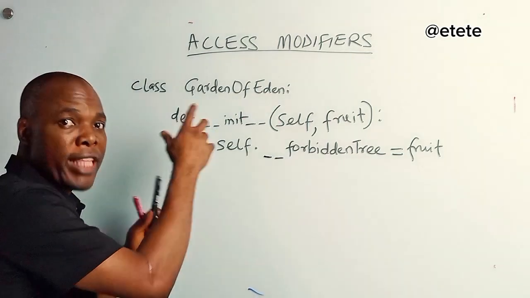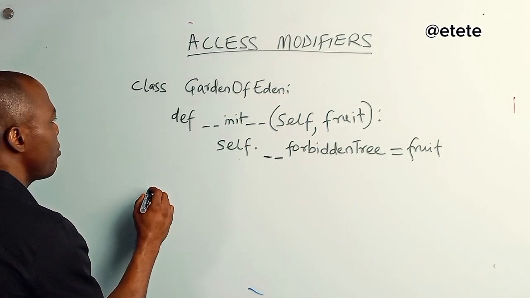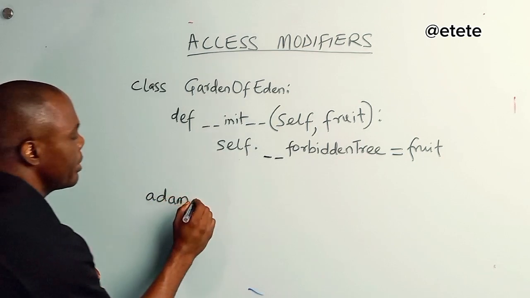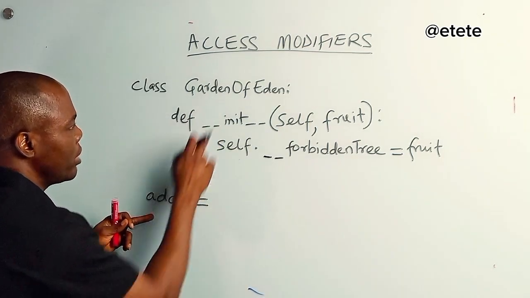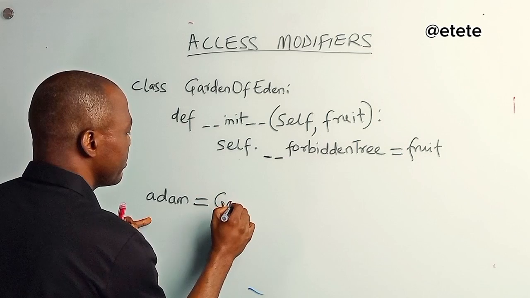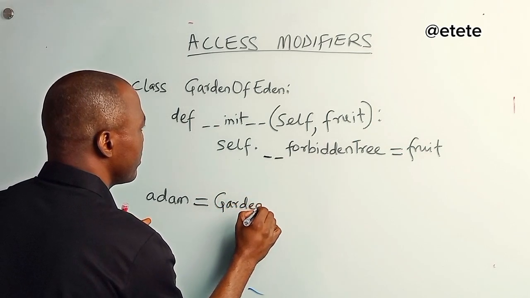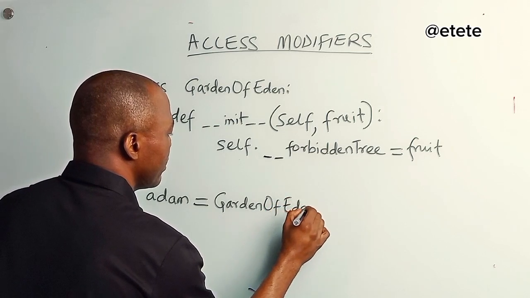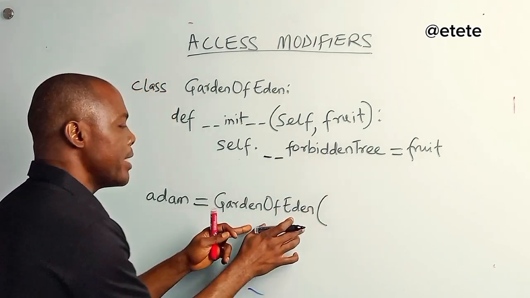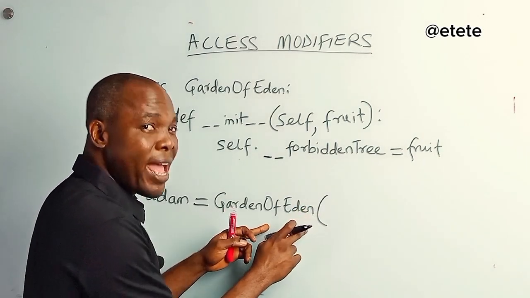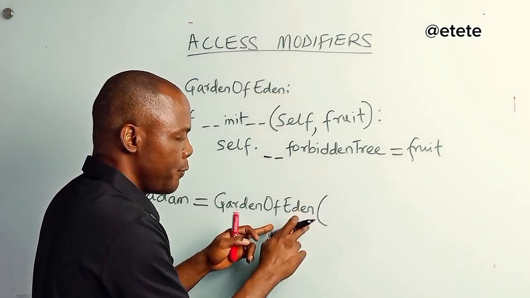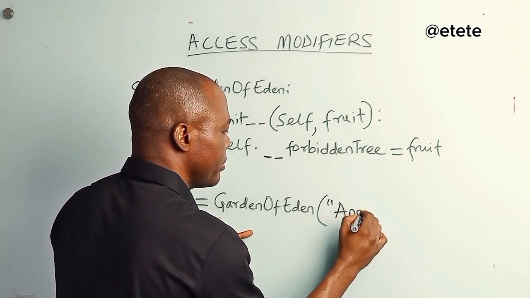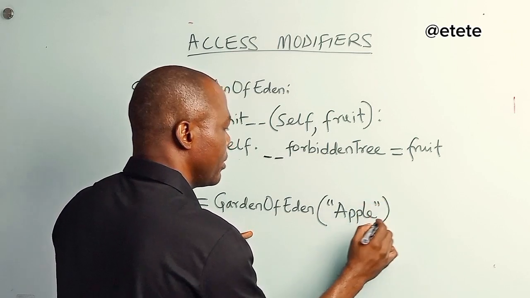Okay. Now we've created the class. Then I'm going to instantiate this class by saying Adam, right? Adam. Then I'm going to create an object of this Garden of Eden, right? And then in this place now, I'm going to supply fruit to this, and I will call it apple, right?